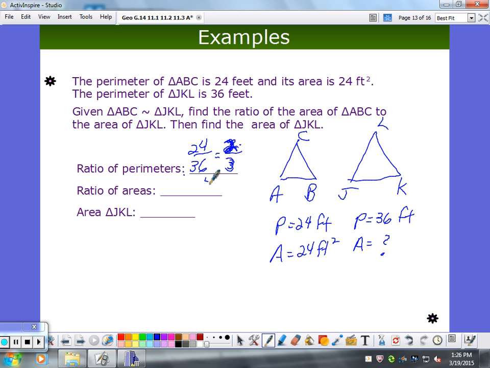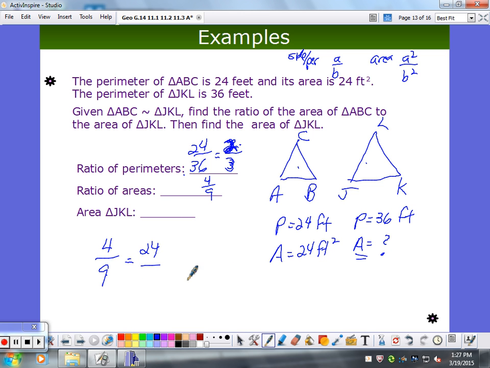So our basic rule is, if you know the side or perimeter ratio, and let's say that's A over B, then your area ratio is A squared over B squared. And you can remember that because don't you square sides to get an area? Areas are always square. So what do you do with that? I want to find the area. I know the area ratio going from this triangle to that triangle, it's 4 to 9. I know this one's area is 24.